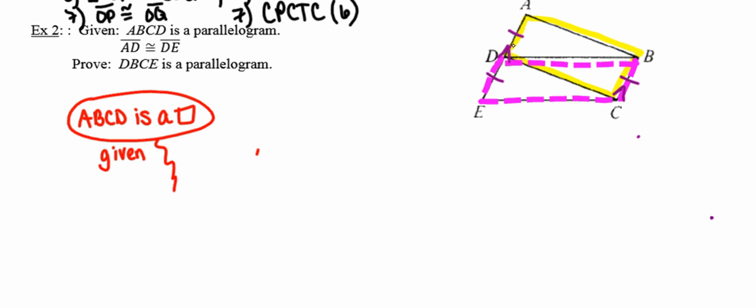Instead of writing line segment AD, I'm going to write line AE. There are two different ways to name the exact same geometric figure, but one of those ways includes my pink dotted quadrilateral at the bottom of the figure, where the other way doesn't. And I do want to include that because I want to use that in the next step in my proof.